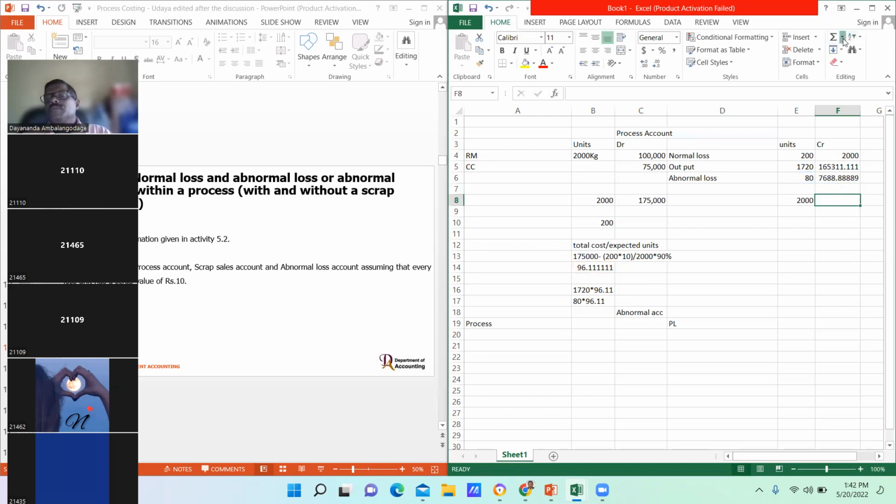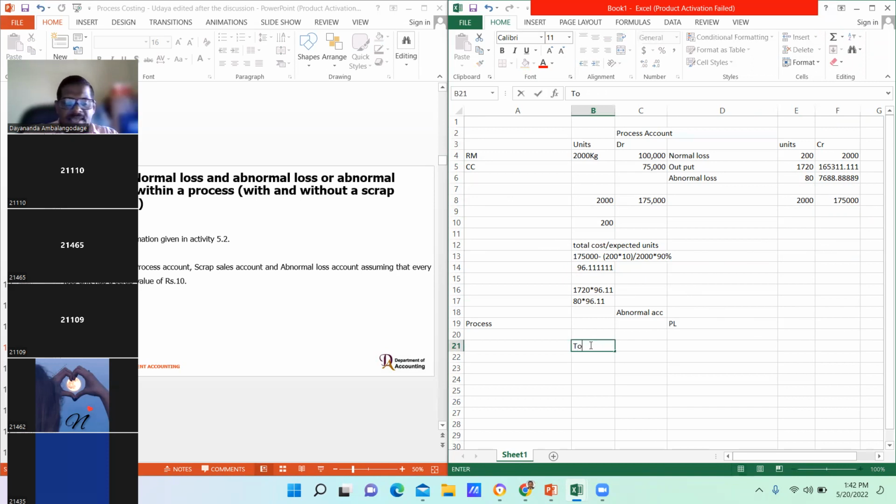Then your account should be tallied with these figures. Is it clear? What I'm trying to tell you is that the basic formula is total cost divided by expected units. Now we are slightly modifying.